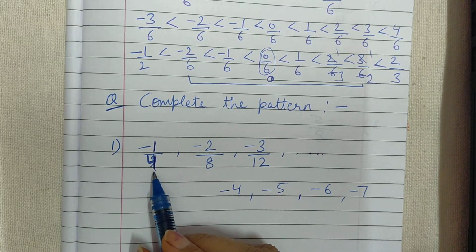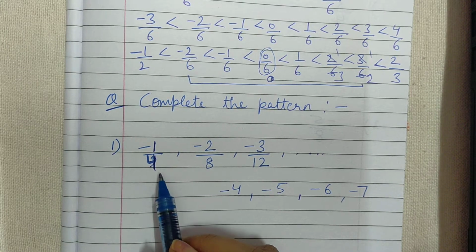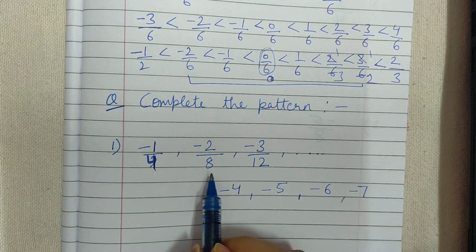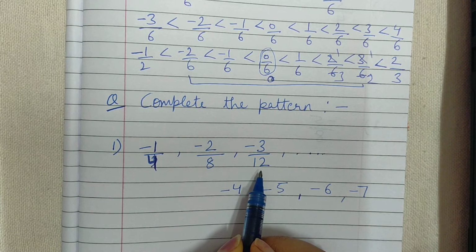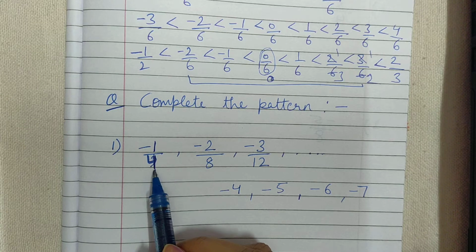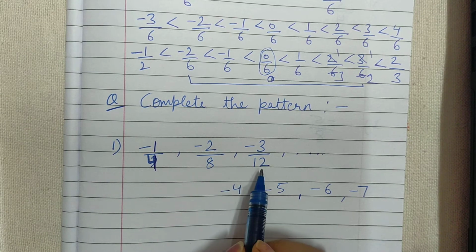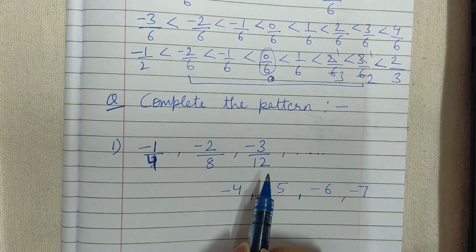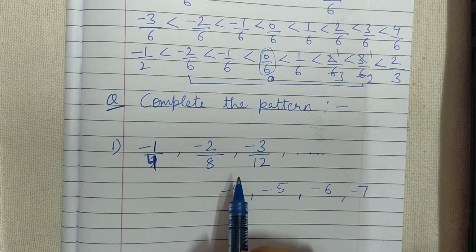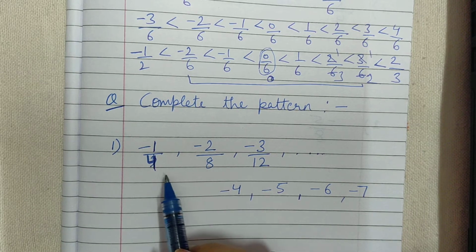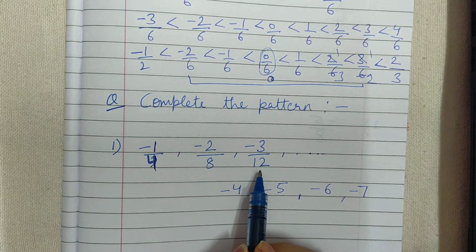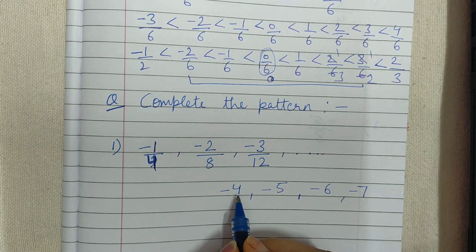Now check the denominator. If you see, it is 4, 8 and 12. You can see it is the table of 4. 4 1s are 4, 4 2s are 8, 4 3s are 12. So the table of 4 is going on, and we have to continue it: 4, 8, 12, then 16.